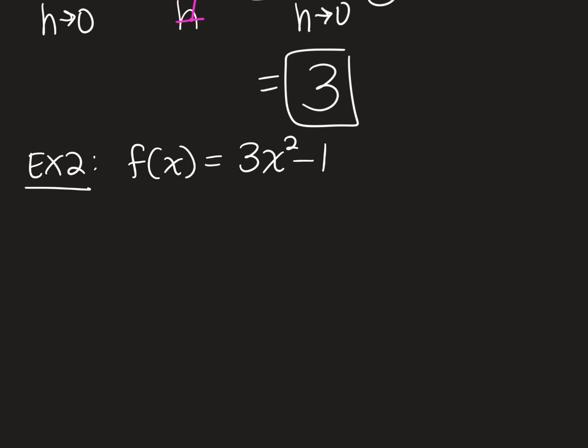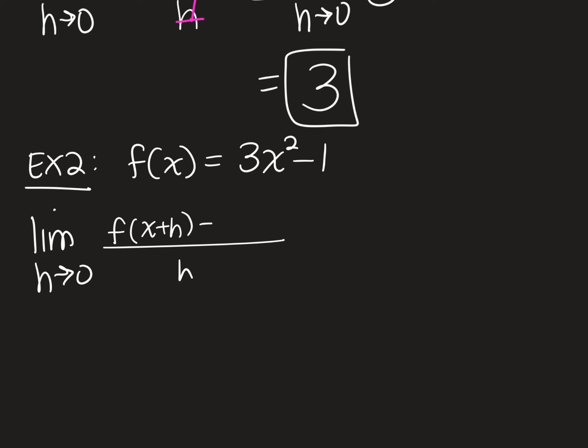Again, I'm going to always start out by rewriting what my limit is. So my limit as h approaches 0 is f of x plus h minus f of x all over h. Okay. So just like the last time, I'm going to take a minute.